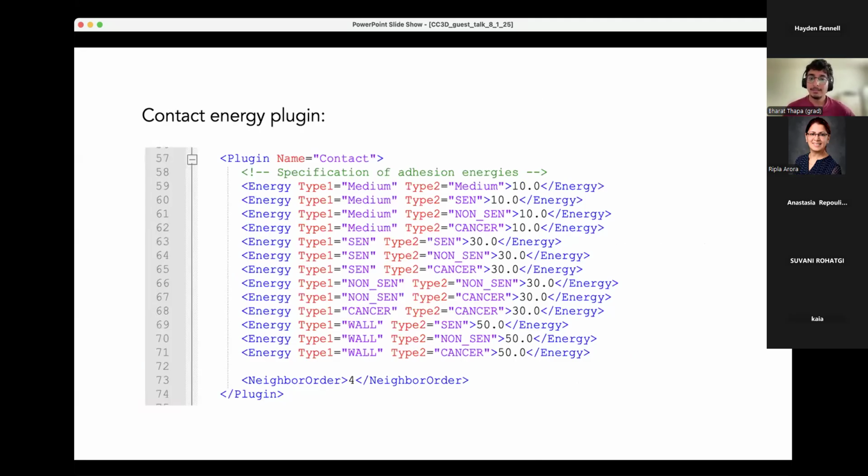So my XML file shows the contact energy between different cell types. I've kept the contact energy between all 3 cell types and the wall really high, because I didn't want the cells to just get stuck at the wall. There's motion between the cells, and I've tried to make sure that they don't get stuck to the wall. So they prefer to stay away from the wall as long as they can, until confluency hits.